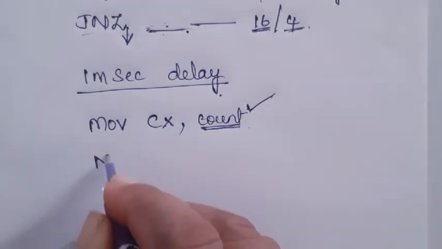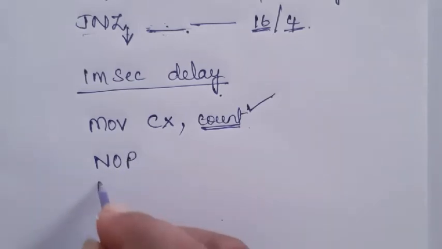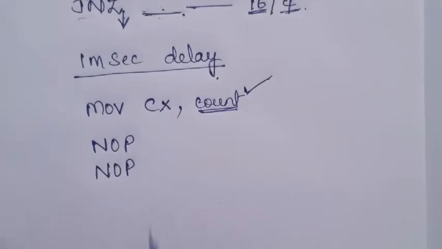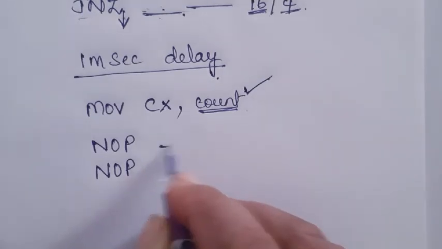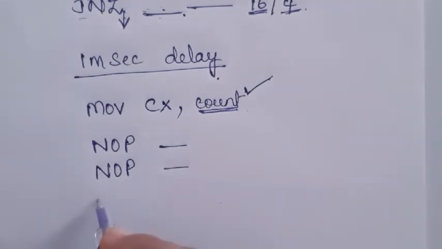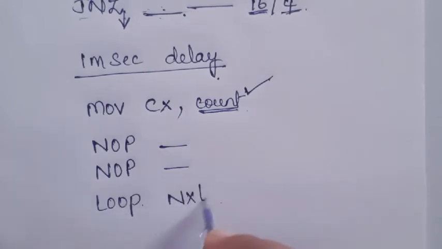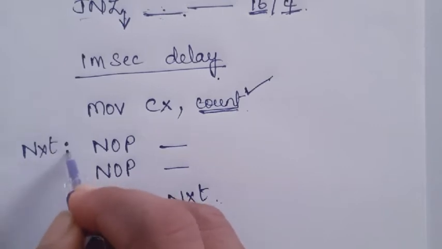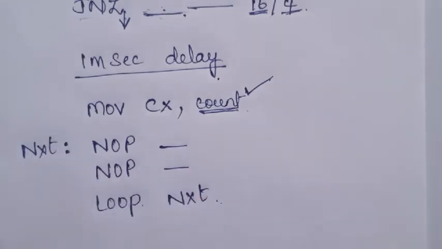And we write some 2 to 3 no operation instructions, and then loop next. Here you don't want the processor to do any operation, you want only delay. That's why you have written no operation. There is an instruction, no operation.